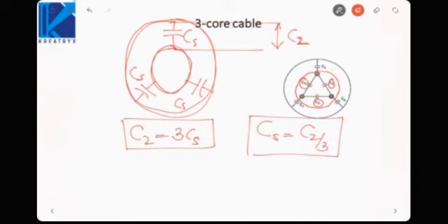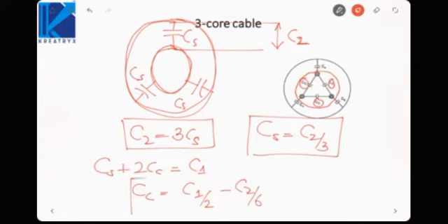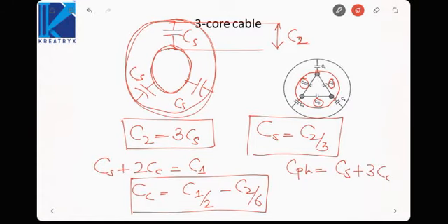So we know CS. We know CS plus 2CC is equal to C1. So we can say CC is equal to C1 by 2 minus C2 by 6. I have substituted CS is equal to C2 by 3. Now we know CS and CC, we can calculate C phase. That is CS plus 3CC, which is C2 by 3 plus 3C1 by 2 minus C2 by 2.